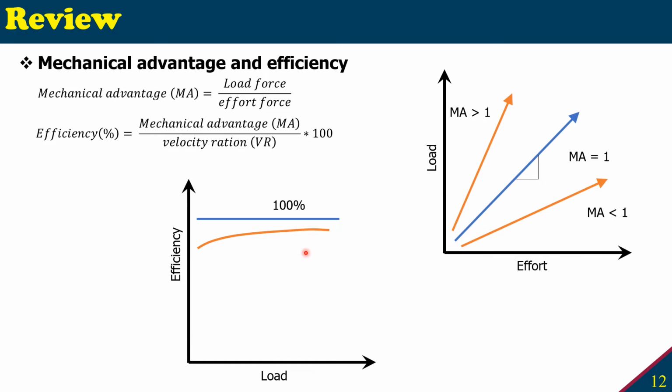The reason for this change is that when you're applying a small load, the friction between gears plays a big role, the losses are more, and the efficiency is less. When you have a higher load, the loss from friction of the meshing gears and other parts is comparatively less, so the efficiency increases a little bit, and afterwards it just plateaus.